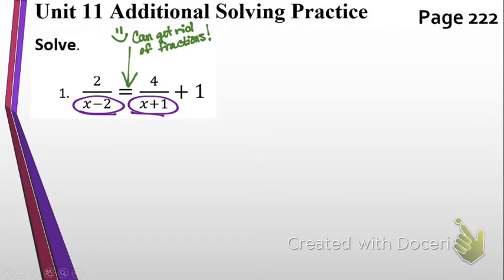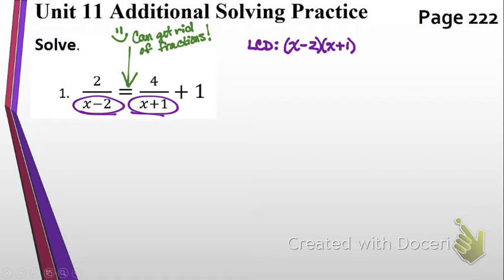We're going to multiply each term here to get rid of those fractions. What things should be included in my LCD? X minus 2 should be included, and x plus 1. Are there any other denominators? No other denominators here. So that's what I'm going to multiply every term by.